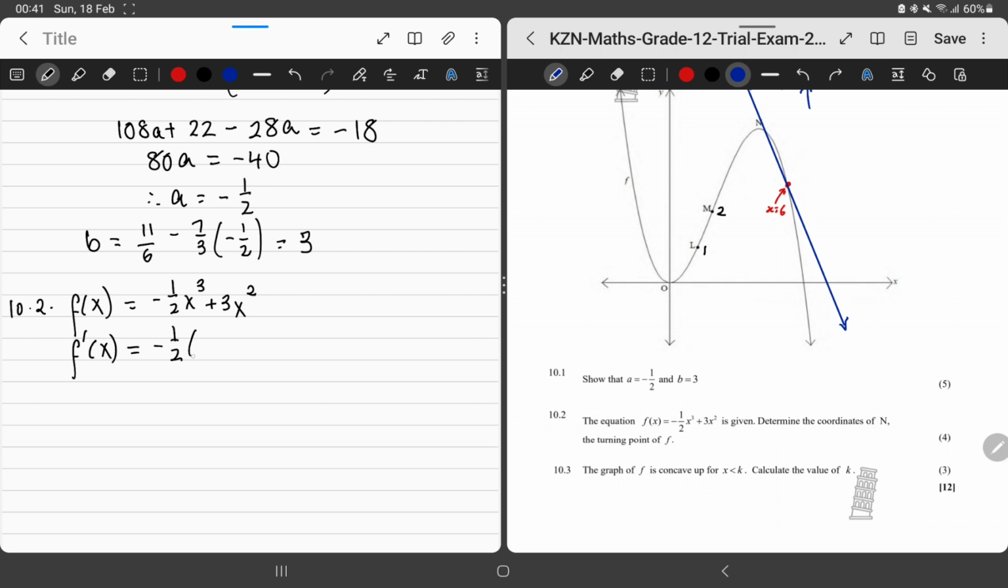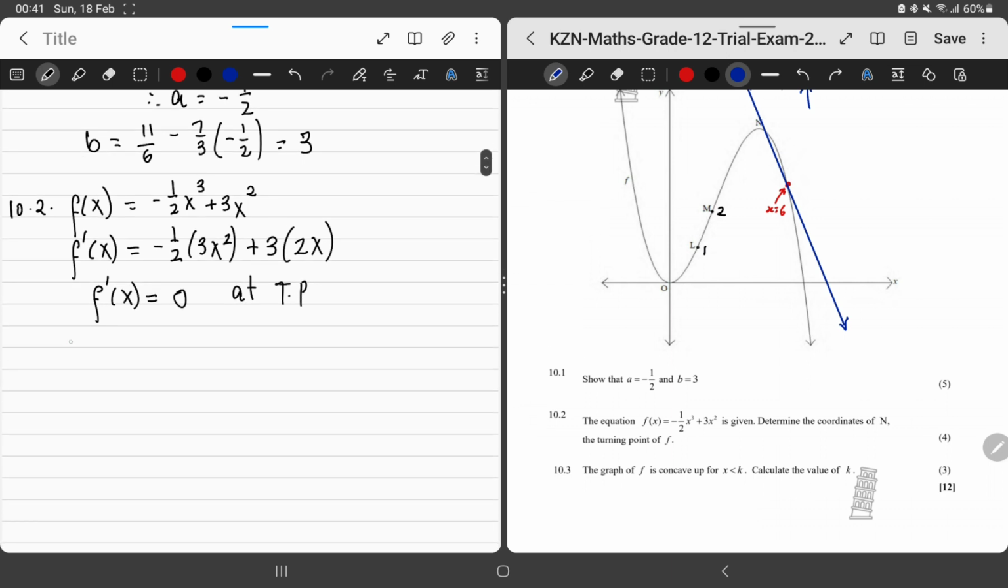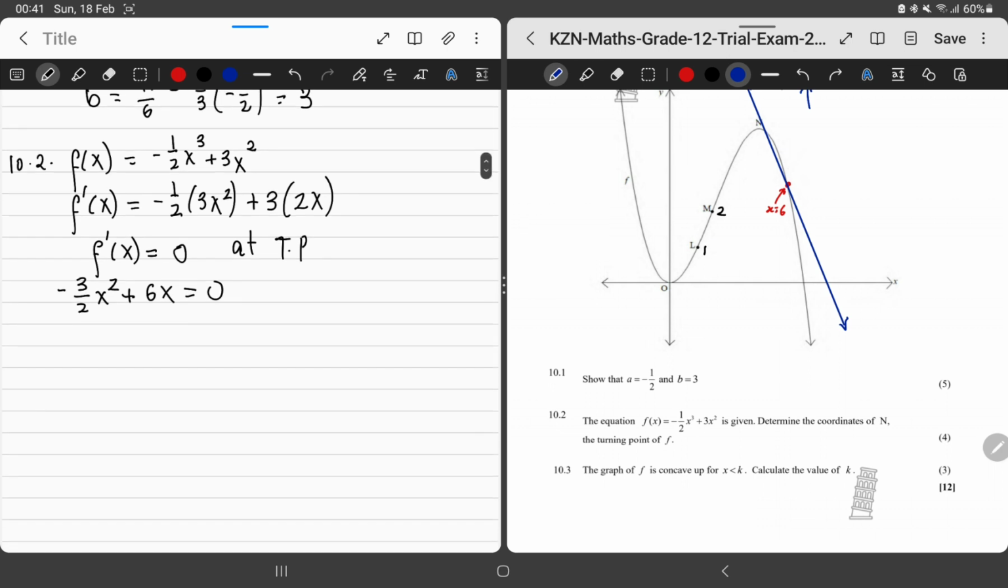Minus 1 over 2 times 3x squared plus 3 times 2x. And then f dash of x should be equal to 0 at the turning point. And then I'm going to have minus 3 over 2 x squared plus 6x, which is equal to 0.